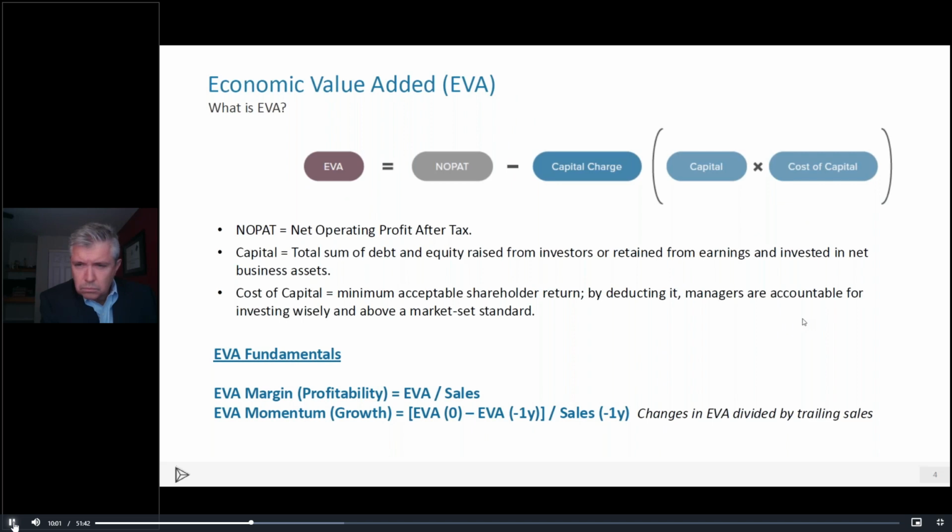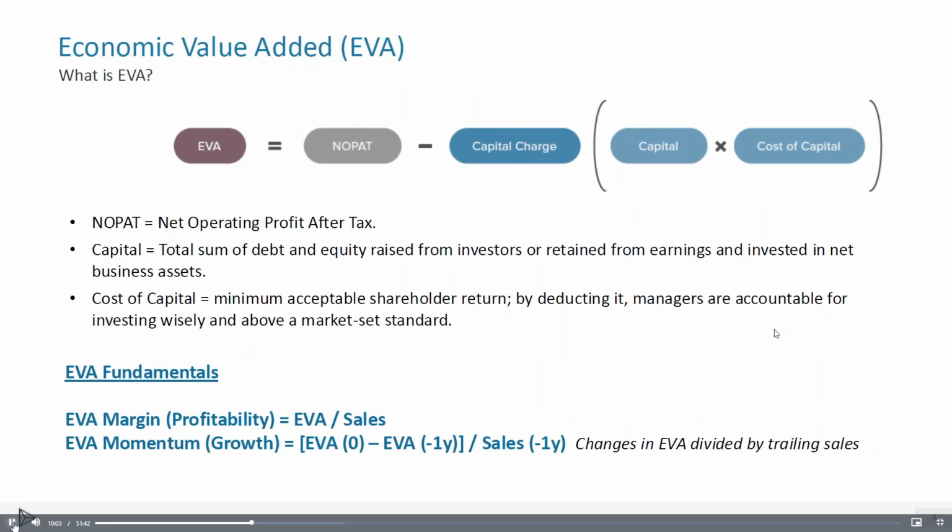So what is EVA from a calculation perspective? So simply NOPAT deducting a capital charge. NOPAT standing for net operating profit after tax. That is taking into account the financial adjustments that we're making to give you that cleaned up NOPAT. And then the capital charge, which I'd say is key to understanding the significance of EVA.